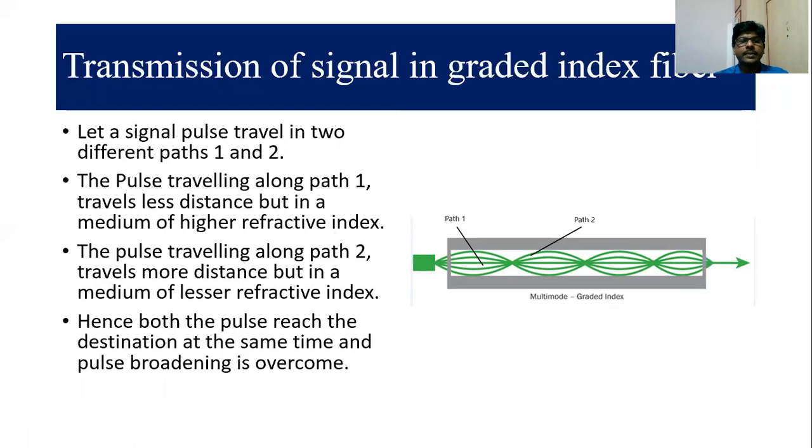Velocity will be less. The pulse traveling along path 2 travels more distance but in a medium of lesser refractive index. If the refractive index is less, speed will be more. Hence, both the pulses reach the destination at the same time and pulse broadening is overcome. This is one of the advantages of a graded index fiber over a step index fiber.